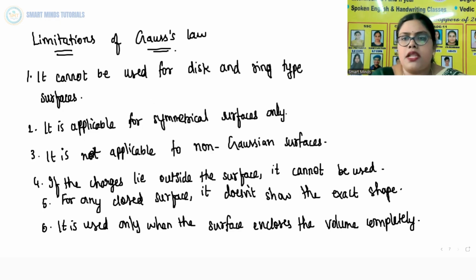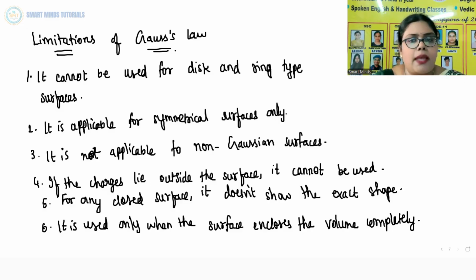Now, after understanding the applications of Gauss law, we will see what are the limitations of Gauss law. Limitations means what are the disadvantages or where Gauss law is not applicable. Number one, it cannot be used for disc and ring type surfaces. So it is mostly used for wire type surfaces.